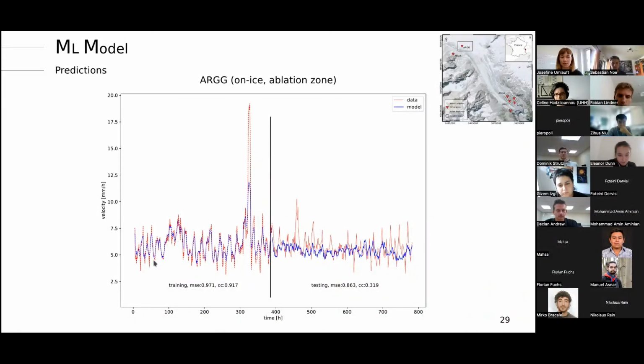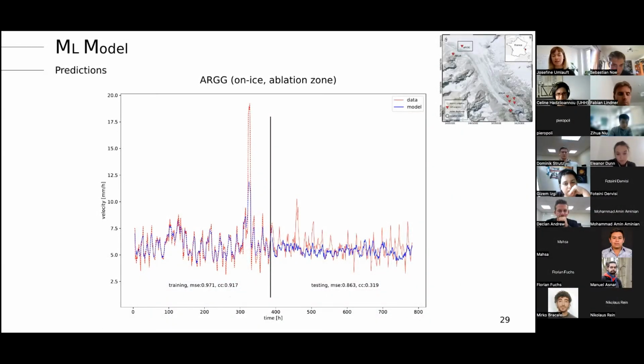In the training section we have a very good correlation coefficient of 0.9, and for the testing 0.331.